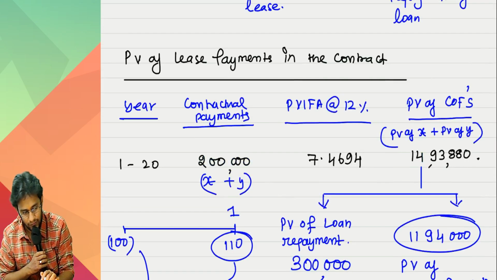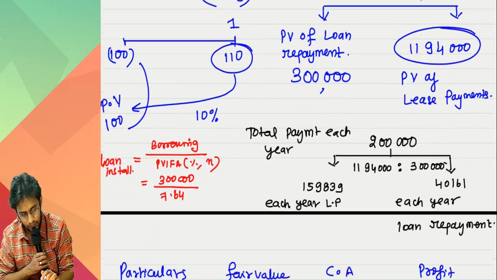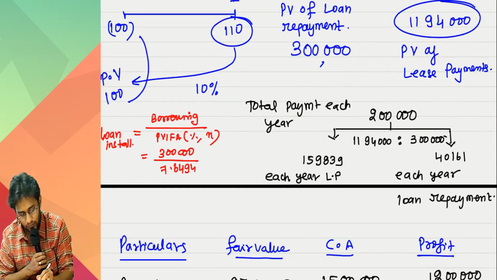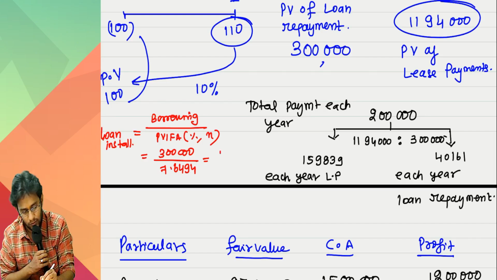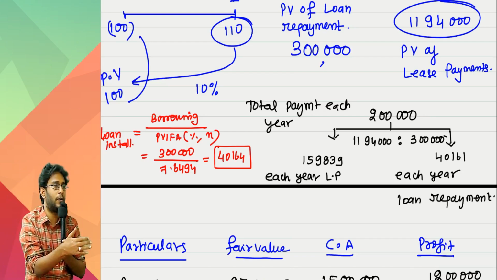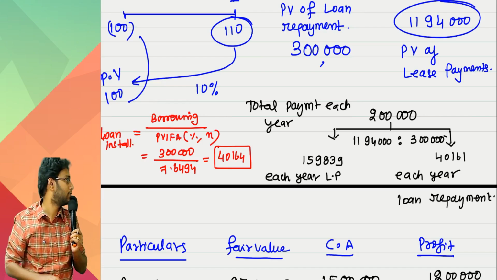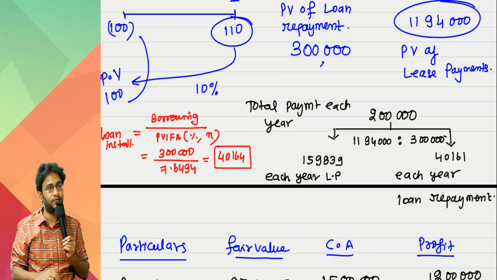Annuity factor we already have, 7.6494. You will get something around 40,164. This loan payment is part of the total 2 lakhs. So if you separate this, the remaining is exactly what you are paying for the lease. Like that also you can do. I also did like that, but this is easy.